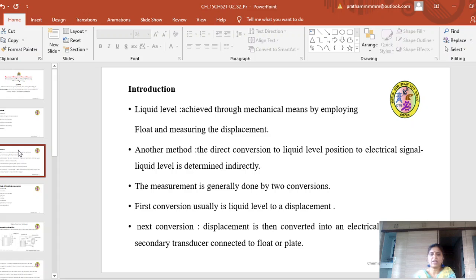If you consider a tank, for example, an overhead tank or a sump tank, you want to know the level of the liquid in the tank. Then only the liquid flow can be controlled. The liquid level can be measured either through mechanical means or by electrical means.